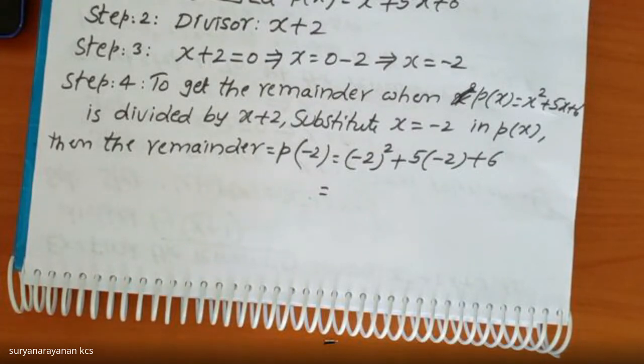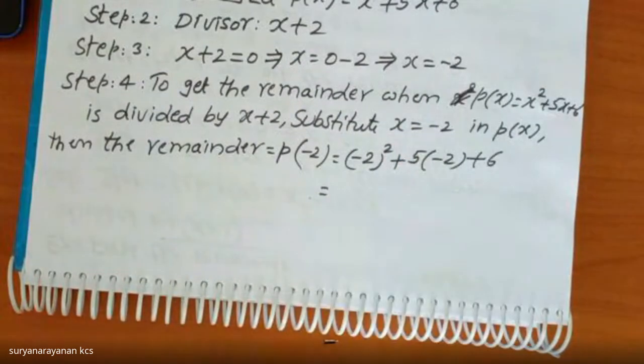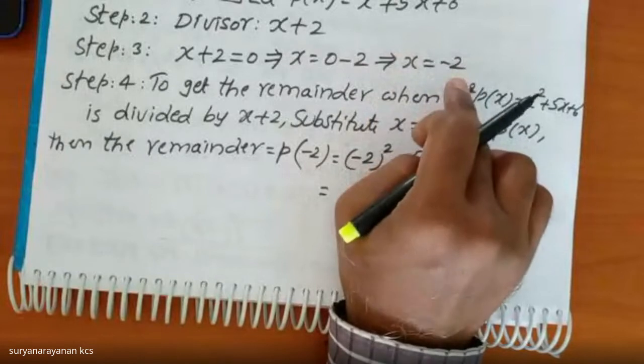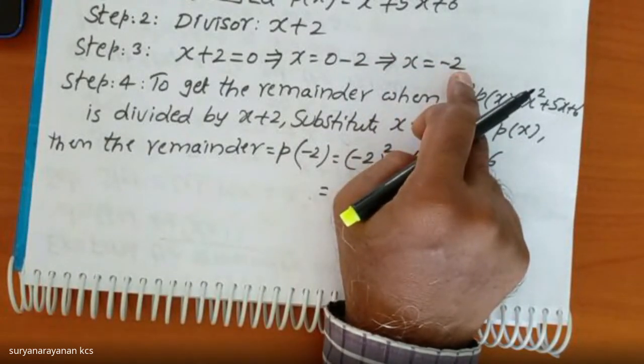No, the value of x may be positive. It may be a rational number. Okay, Mahima asked a very good question: sir, in all cases, will the value of x be negative? Not at all. The value of x may be a positive number, it may be a negative number, it may be a rational number.